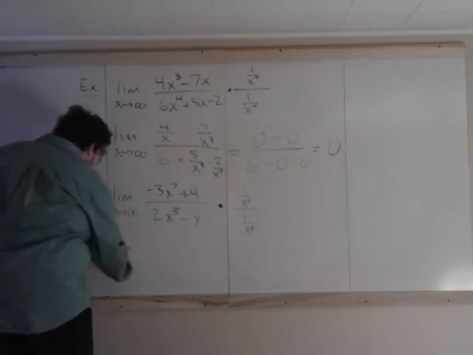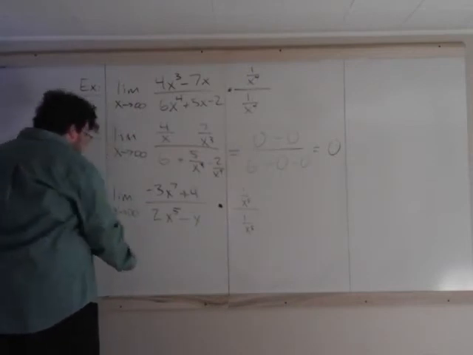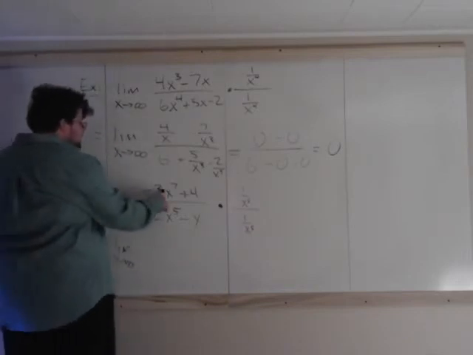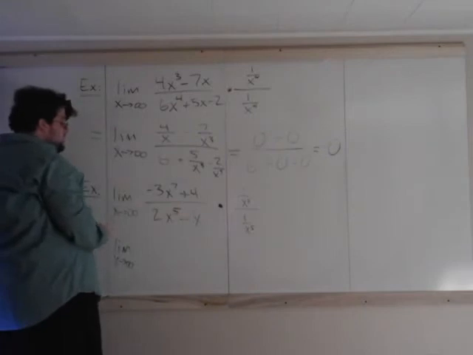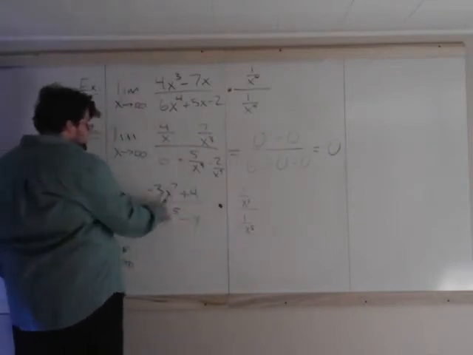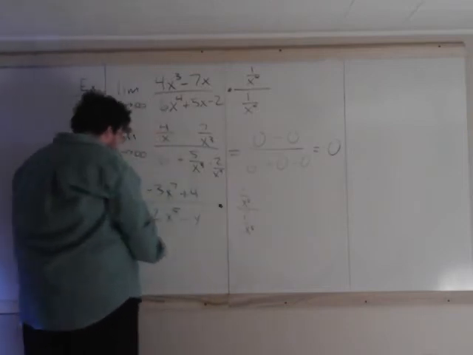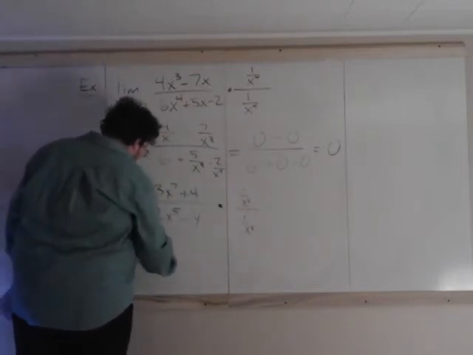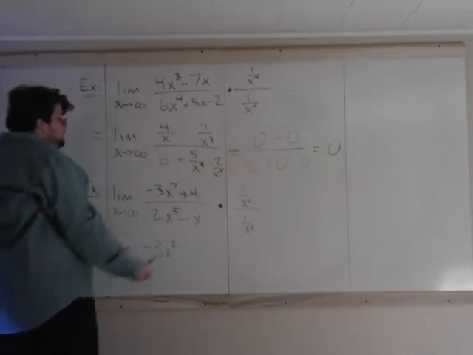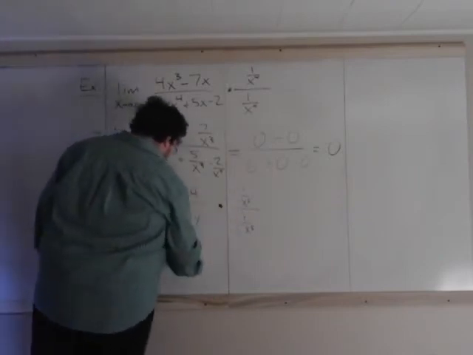We do the distribution. Here we have negative 3 x to the 7th divided by x to the 5th. So we have 7 x's on top and 5 x's on the bottom. That leaves us with 2 x's on top. 4 times 1 over x to the 5th.